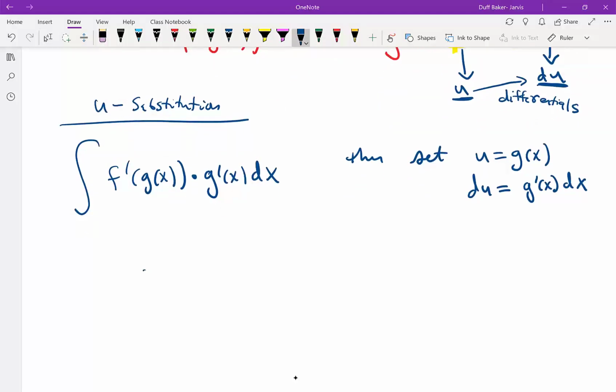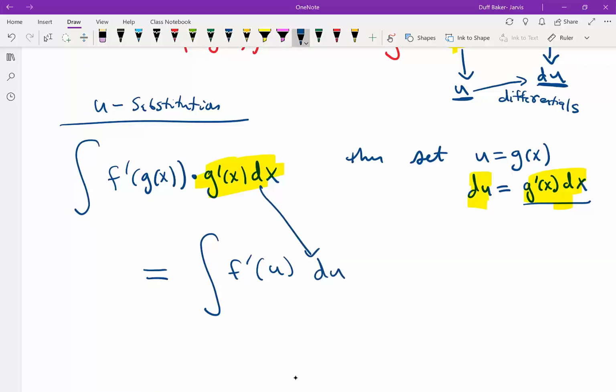And it says this integral will then be equal to, well, I replace the g with a u. So if I have a g of x, I can replace it with u. And then you replace g prime dx with du. So this whole part here just becomes a du.